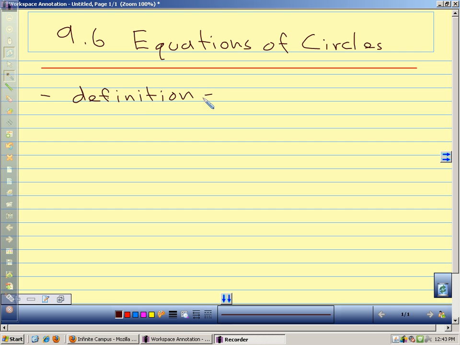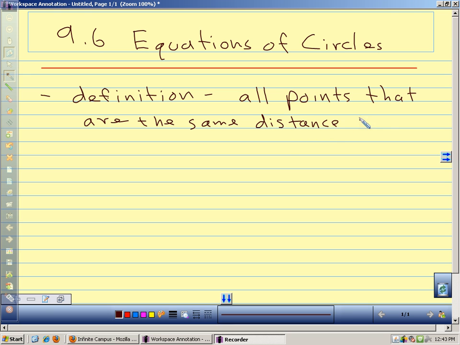So we define a circle as all points that are the same distance from a center. And we said that distance was the radius.